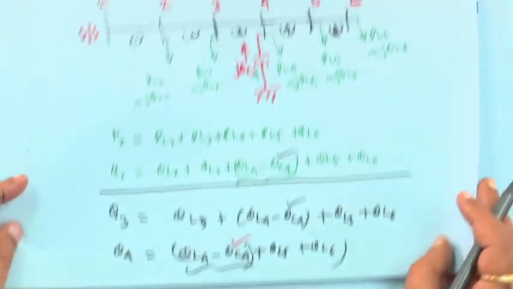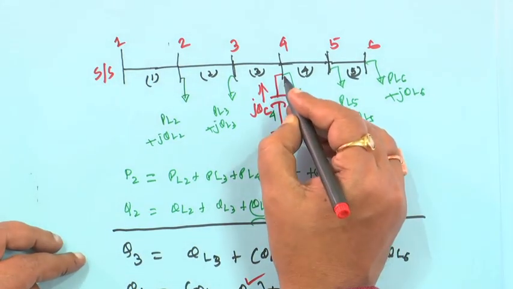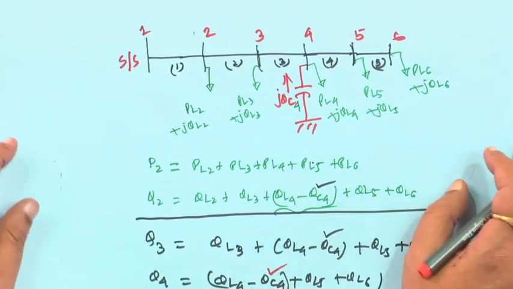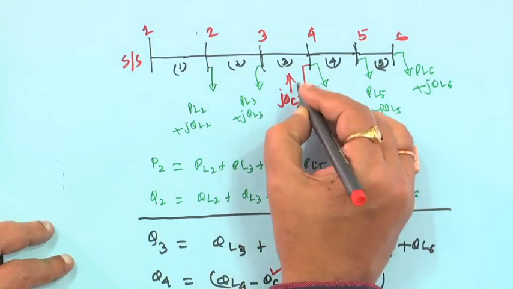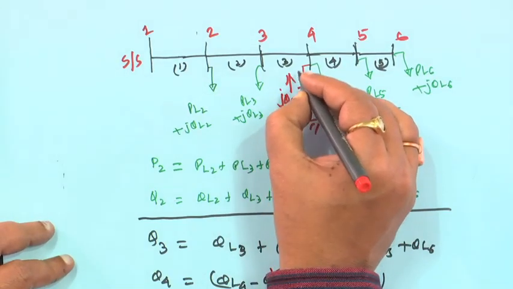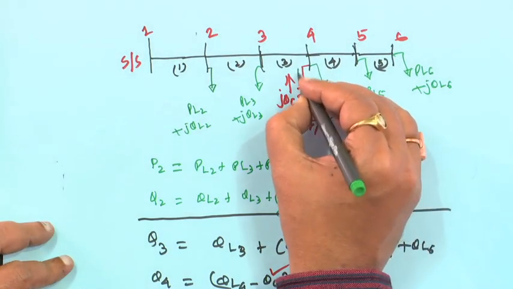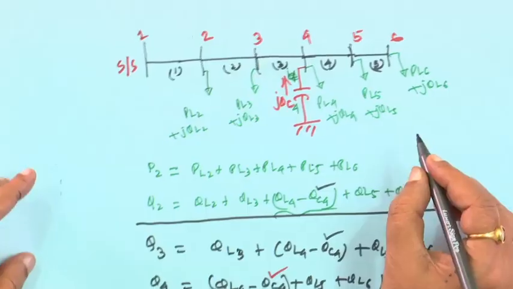What does it mean? Intuitively or philosophically, whenever you connect a capacitor with QC, it is also injecting current IC.